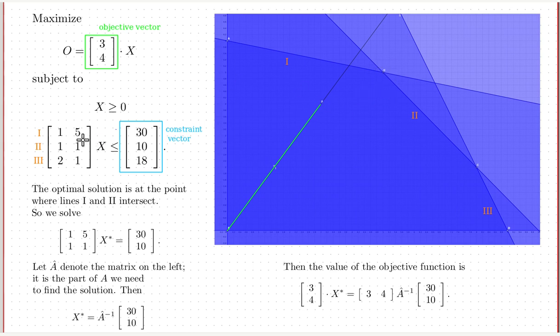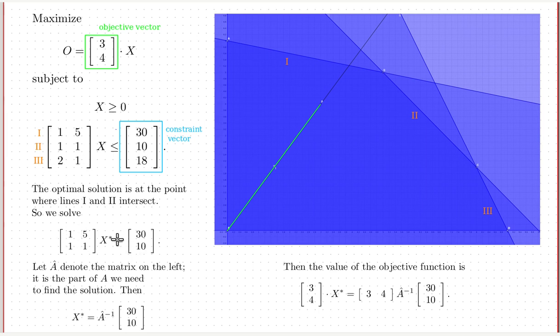So what I've done here was, since this corner is formed by lines 1 and 2, I'm going to just keep rows 1 and 2 of the A matrix. I'm going to drop row 3. So here's row 1 and row 2 of the A matrix.